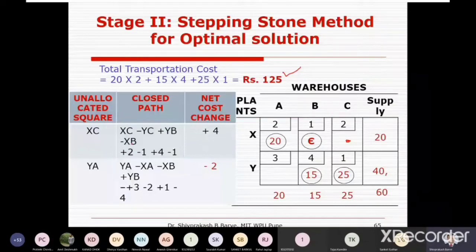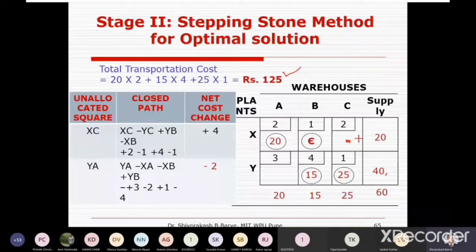So for XC, we want to make a closed loop, and for making a closed loop, the rules are that you can start from the unallocated cell, mark a plus sign, and draw either vertical or horizontal lines, and you can change direction only at the allocated cells and come back to the original cell, and it is called a closed loop.